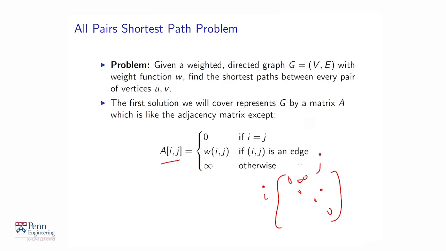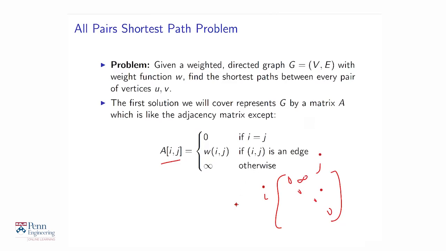So that's why a_ii equals 0. Now, if there's an edge from i to j of weight w_ij, the one hop path length from i to j is exactly that weight, and that's why a_ij equals w_ij if ij is an edge. And of course, if there is no edge from i to j, there is no one hop path from i to j, so a_ij equals infinity.